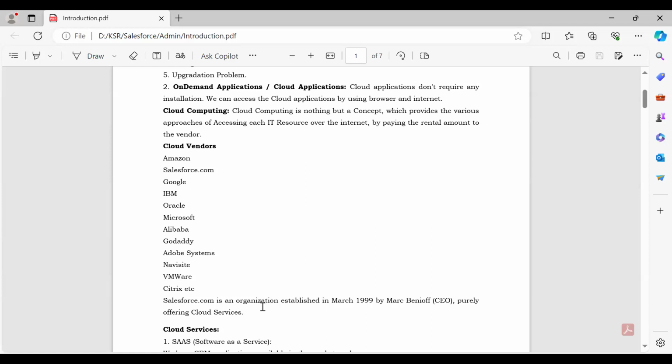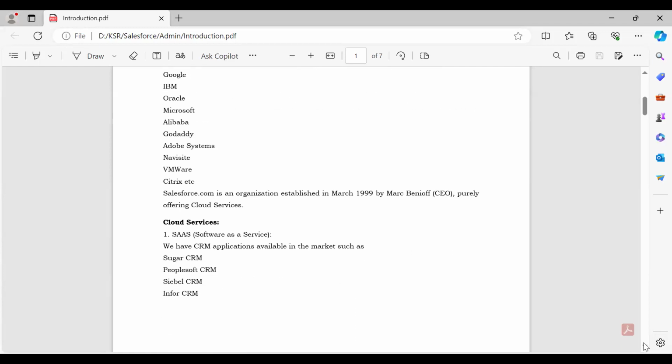It was started by a person called Mark Benioff. Okay. And as I said, they purely offer only cloud services. They are not at all offering any on-premise applications to their customers. Whatever the products and services provided by Salesforce are purely cloud services. Okay.